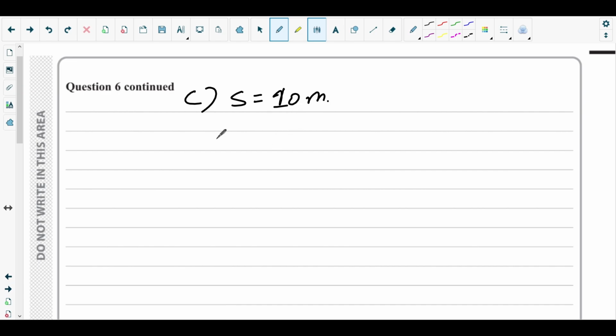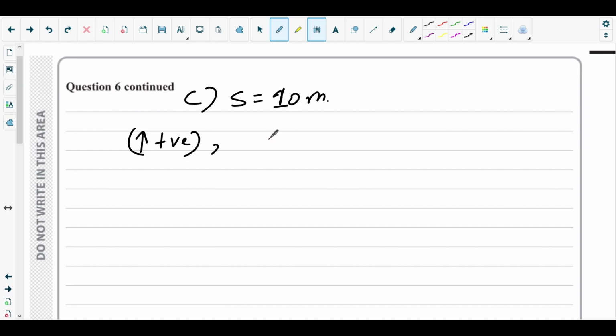Now we know the initial velocity is 24 meters per second. We know the acceleration is negative g. We consider the same upward direction as positive. We know that s equals ut plus half at squared. We need to find the time for how long it was above 10 meters, that is above point C, right?